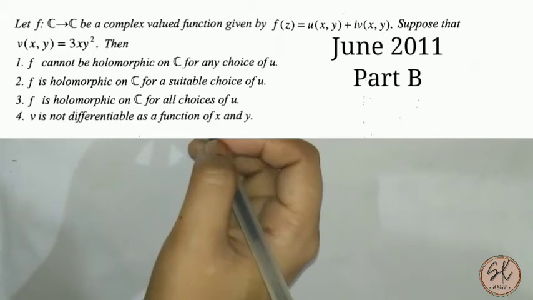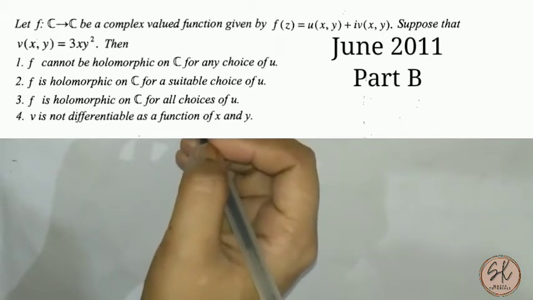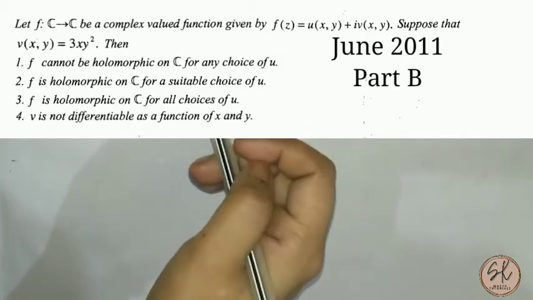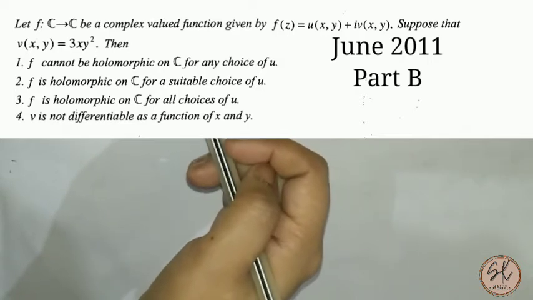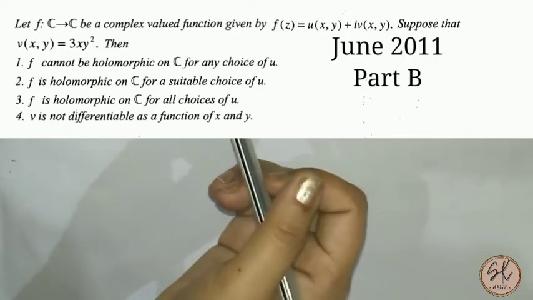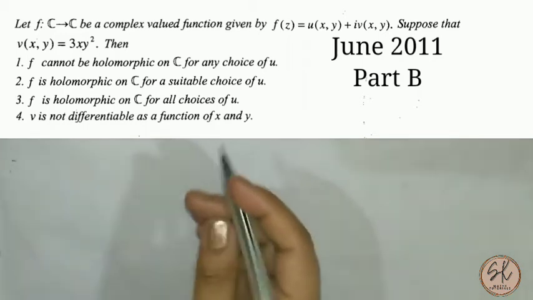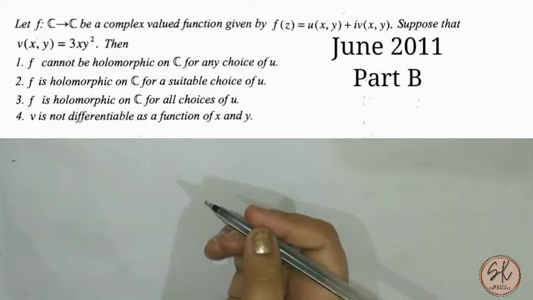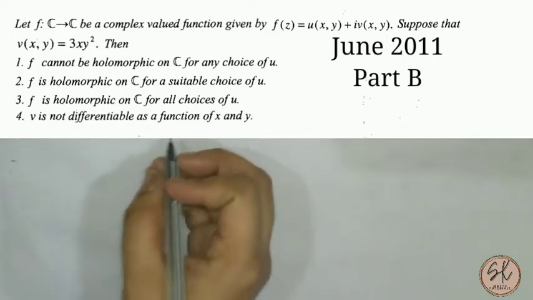So here the question is, if f is the complex valued function given by f of z is equal to u(x,y) plus i v(x,y), and suppose that v(x,y) is equal to 3xy square, then we have to tick the correct answer. Okay, so we know that if a function f is holomorphic on C, then its real and imaginary parts satisfy the Laplace equation.